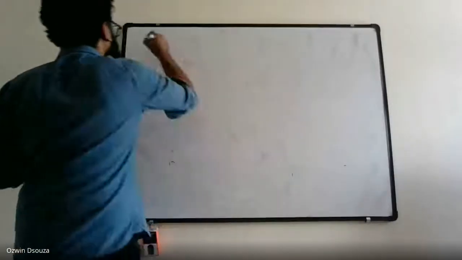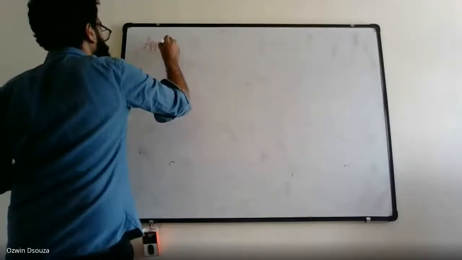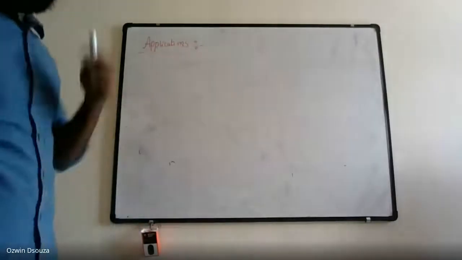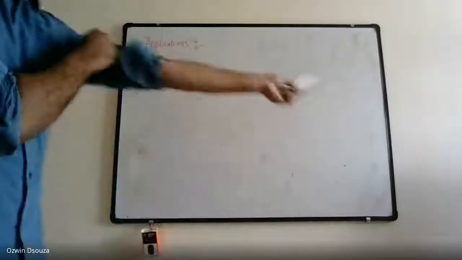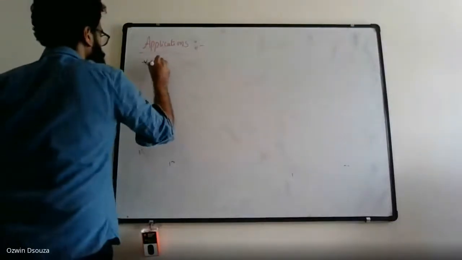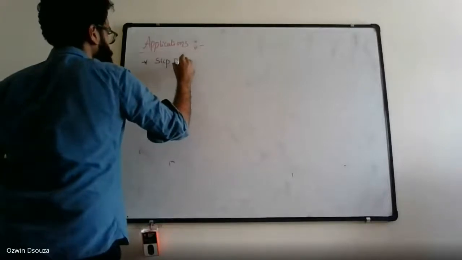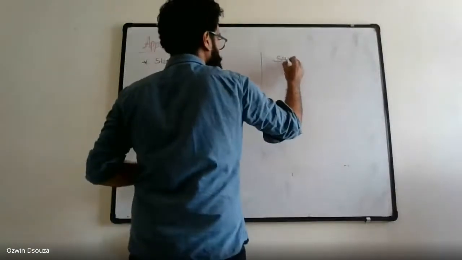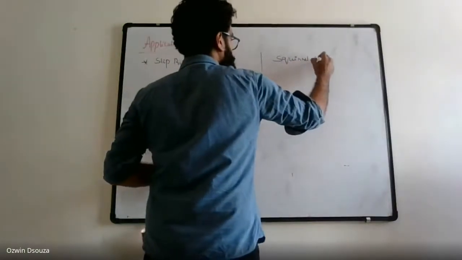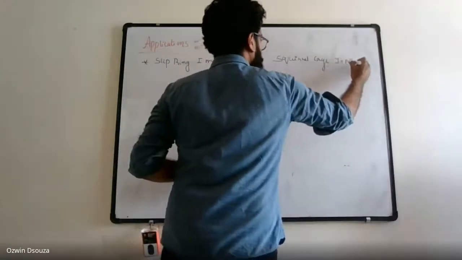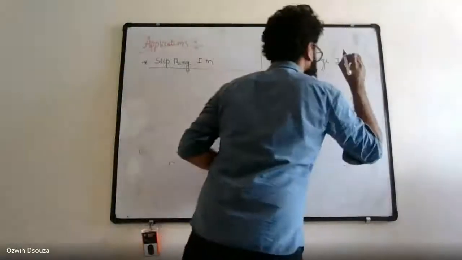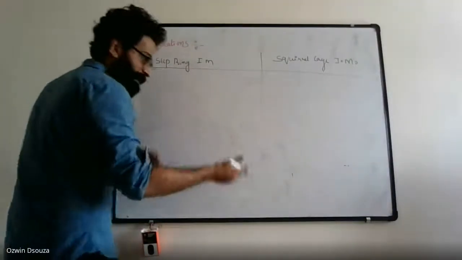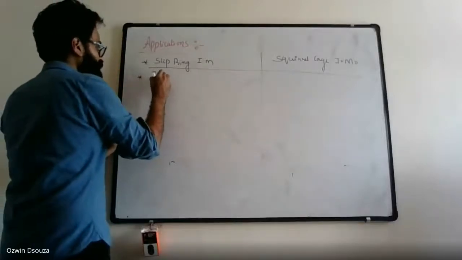Finally, we can talk about the applications. A few applications I have already mentioned. Sometimes they will ask to mention a few applications of squirrel cage induction motor and slip ring induction motor. So first we will write slip ring induction motor, and here let us write squirrel cage induction motor. Now, slip ring induction motors, as you have seen, resistance can be varied.